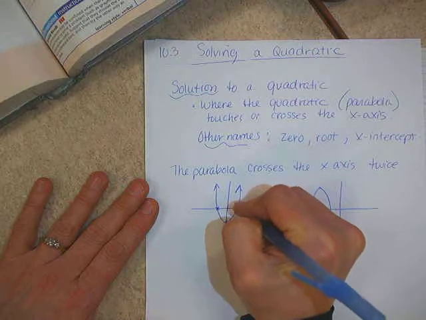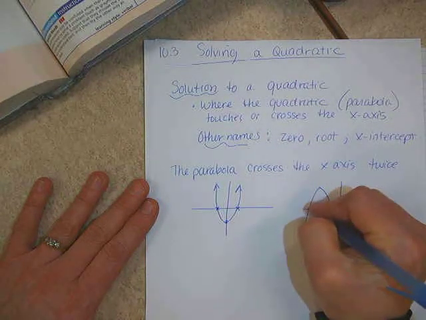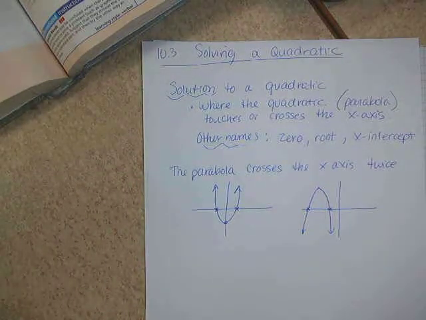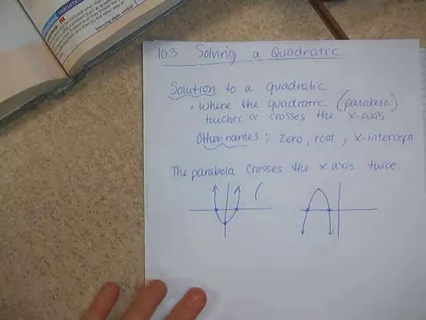So in both of these cases, our solutions would be either here or there. So the two spots where the parabolas cross the x-axis would be what we're looking for. Okay, and if you cross the x-axis, that means y is 0, right?